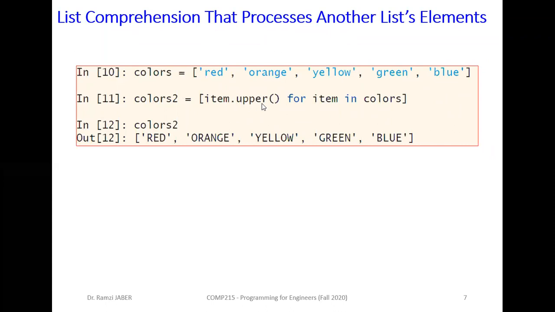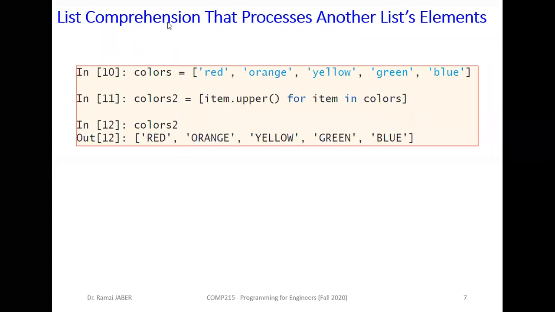So item.upper for item in colors, this output will be uppercase. Dot upper will uppercase all the strings there, and save it in another list called colors2.